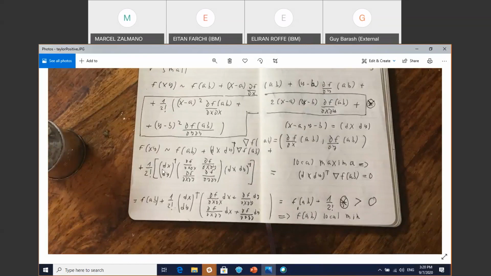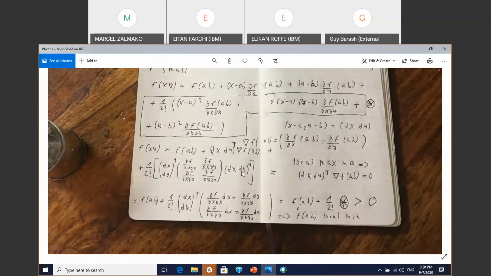Because this will become a number, this will become a number, right? So if this is a number and this is a number and this is a number, it's commutative. So you get x squared here, and you get the second derivative.